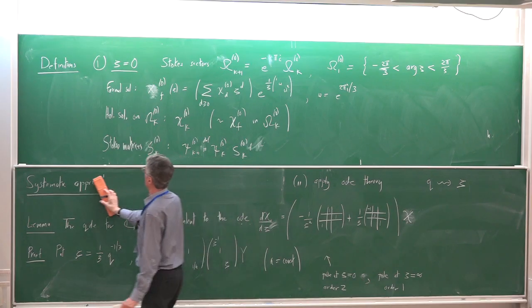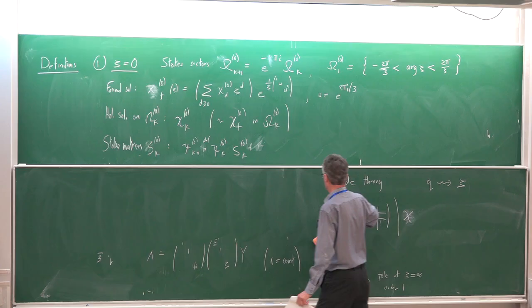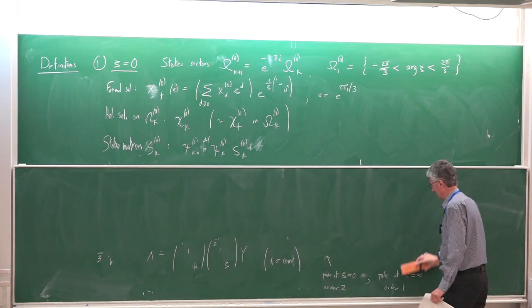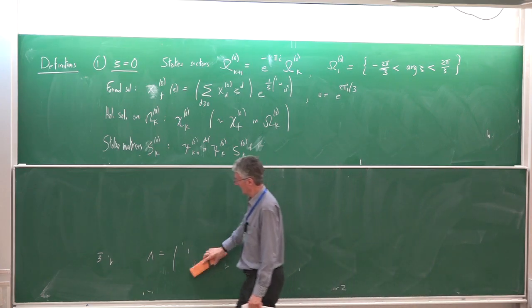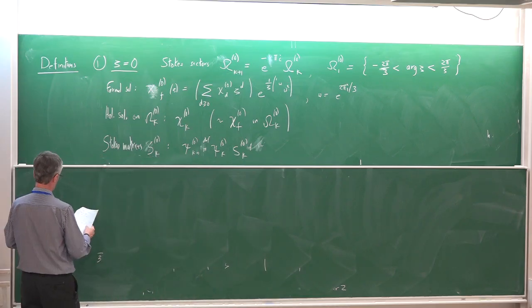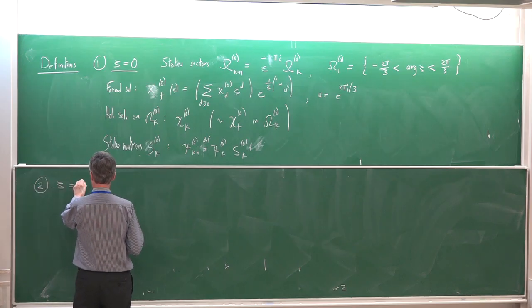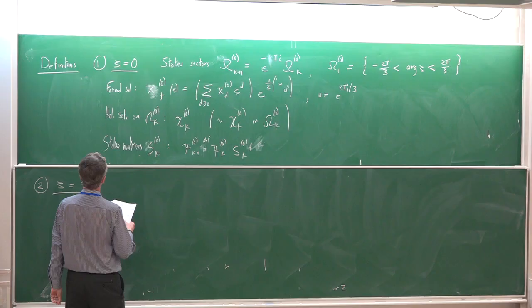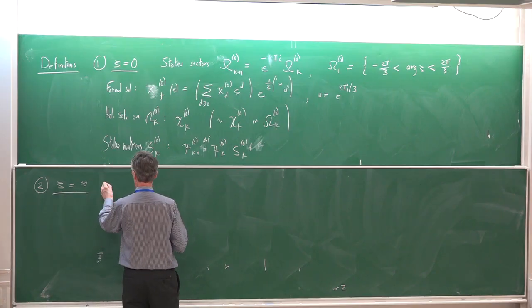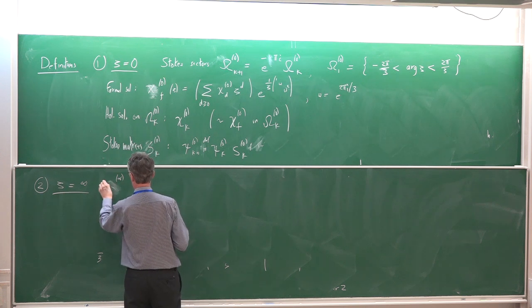Okay, now the situation at infinity is much simpler because we do not have Stokes matrices at infinity. So what do we have? Well, we just have a series solution. So we have a solution which I will call chi infinity.